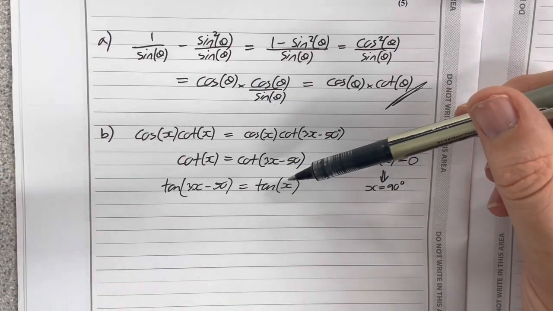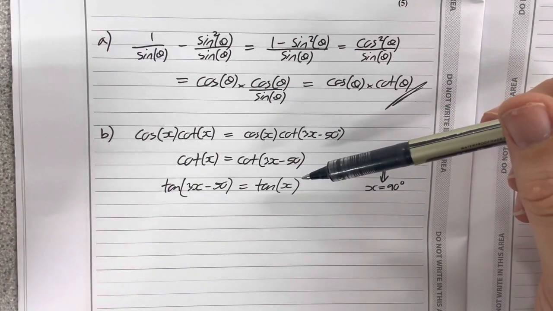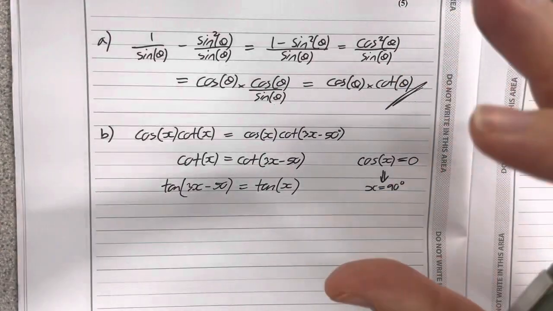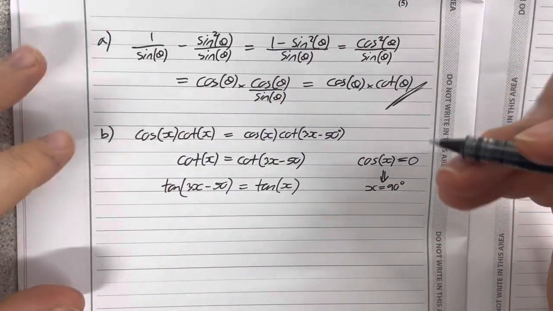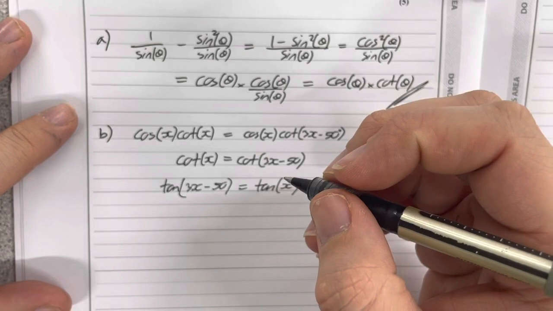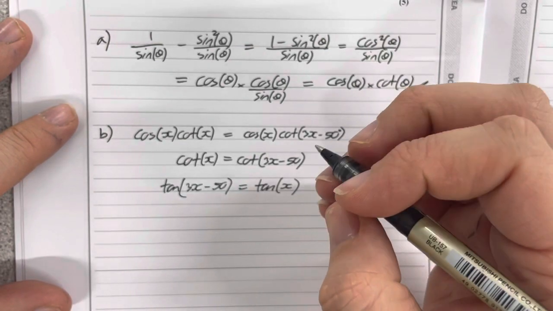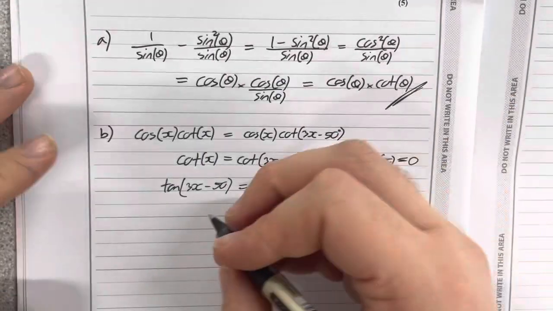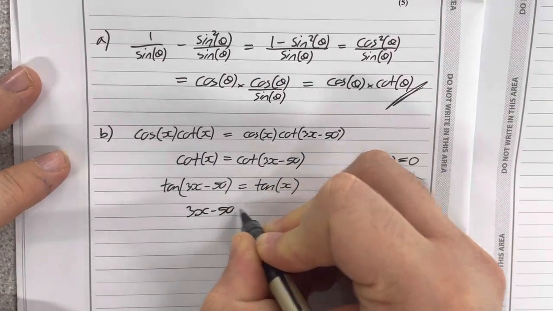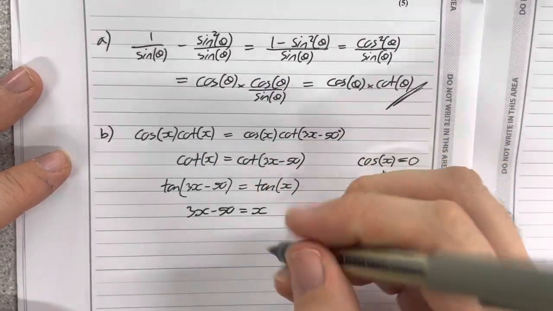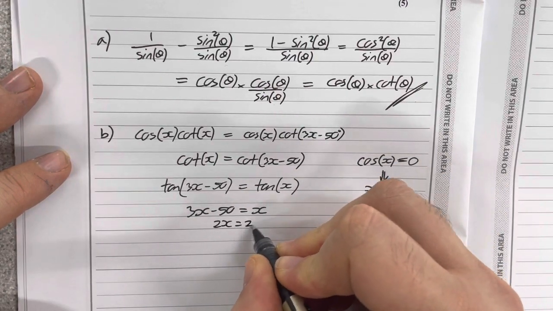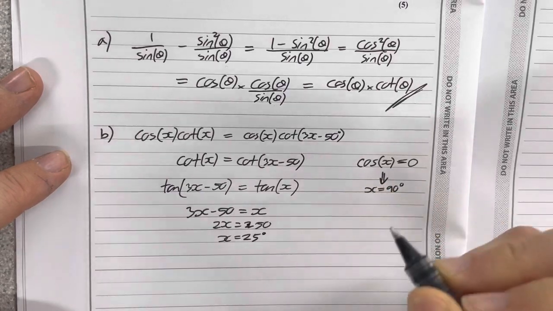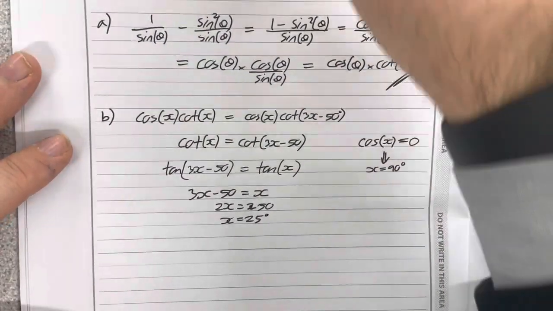Now to solve this one, we could inverse tan both sides, but you've got to be careful with the repetitive nature of tan, because there's going to be multiple solutions. So we're going to get 3x minus 50 equals x. It's an obvious solution, so therefore 2x equals 50, so x equals 25. That's an obvious solution, but we're missing some.